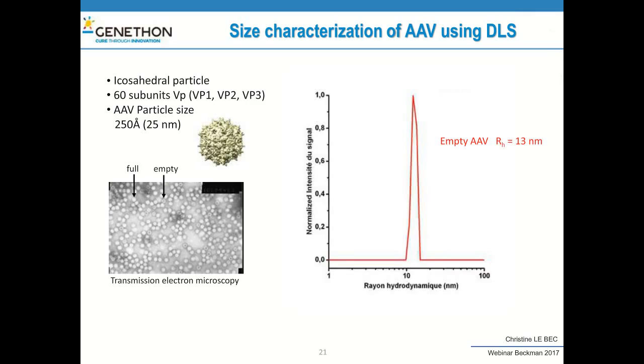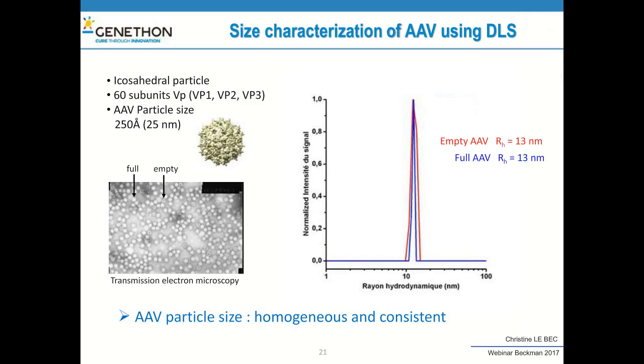We also check by dynamic light scattering, and we verify that the size of the AAV particles is almost the same. As you can see here, in red are the empty particles, and in blue are the full particles. The diameters of these empty and full particles are consistent, around 26 nanometers.